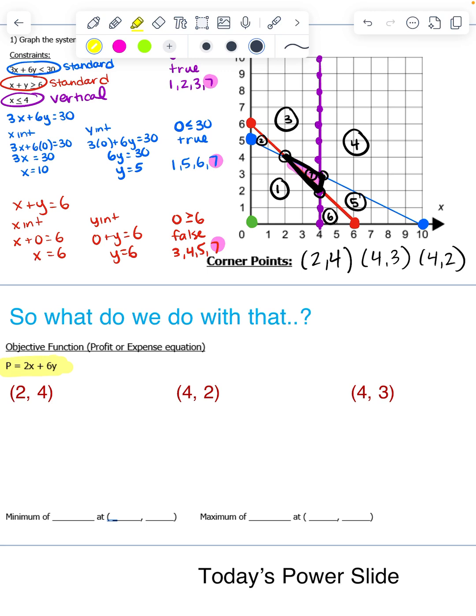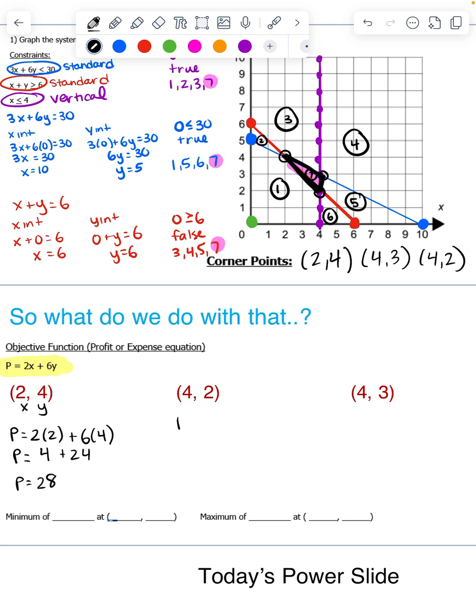So for today, you're going to be given this thing called the objective function. For this example here, I'm giving it to you as 2x plus 6y. That's not always the objective function. It can be a bunch of different things, but that's the one I'm giving you for this problem. So basically what I'm going to do is take my corner points, which are coordinates, and just plug them in for x and y in this equation. So I get 2 times 2, because x is 2, plus 6 times 4, because y is 4. So I get 4 plus 24, or I get a p of 28.